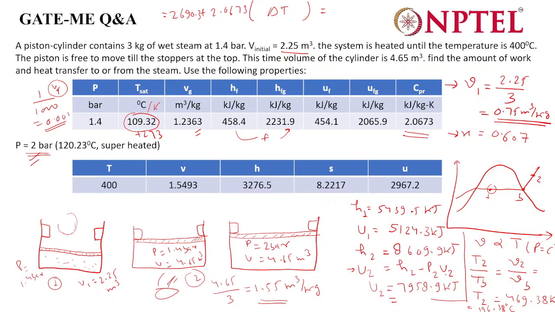No, sir, in the equation T2 by TB, V2 by VB. This is specific volume we are taking. This one is 1.55 and VB is VG, right? Yes, VG, this 1.2363. And TB is this, sir. By this value I am getting T2 as 479.33, sir.